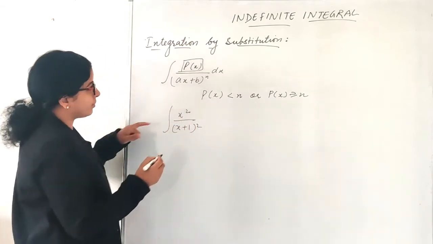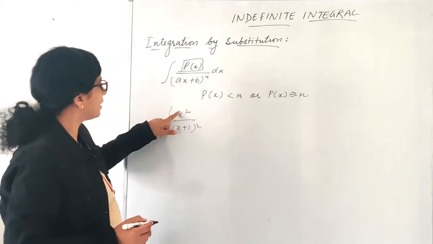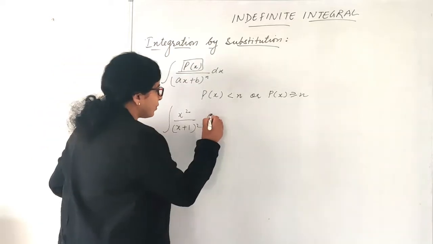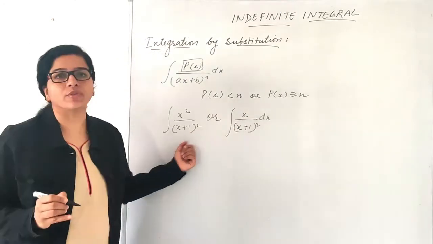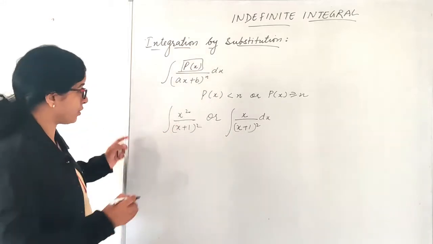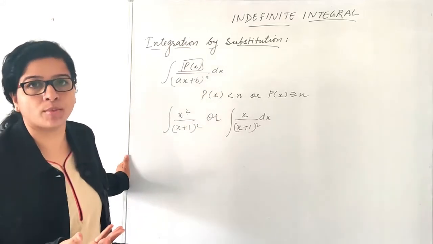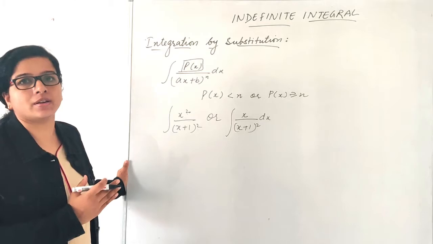So here the degree is the same, right? Look here, p(x) has the same degree as our denominator. Is it clear? Or if you have x upon (x plus 1) whole square. So there are different ways of solving it. Whenever you have a degree equal to or greater than the denominator, in that case first we divide and then we integrate. Okay.